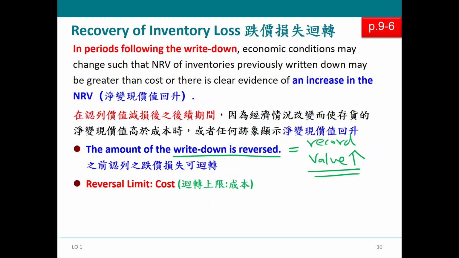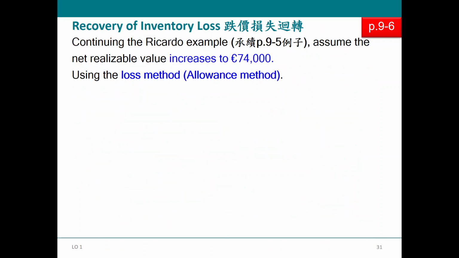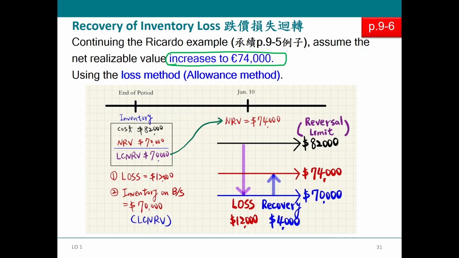Okay? For example, if we assume your value increased to $74,000, remember before, what's the loss we recognized? Before, we compared cost $82,000 to NRV $70,000, we chose the lower one, right? So we have LCNRV $70,000. We report that number for our ending inventory.